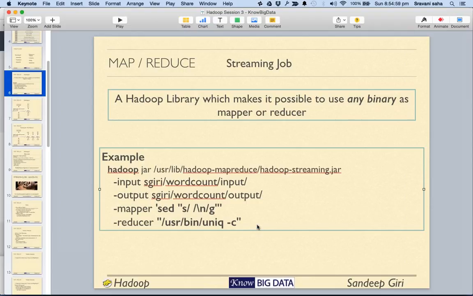Okay, so rather than writing the code, we could use commands like this. And yesterday we talked about SED. All SED does is replace the space with a new line.